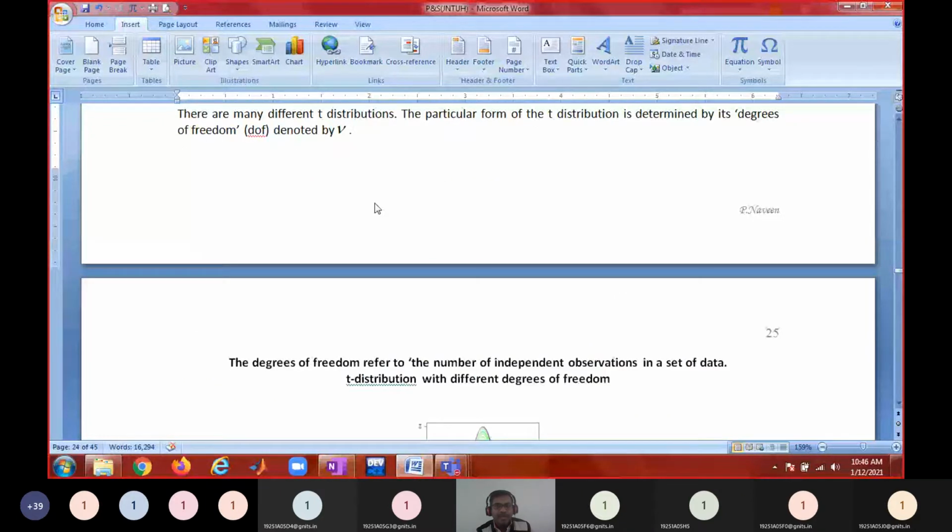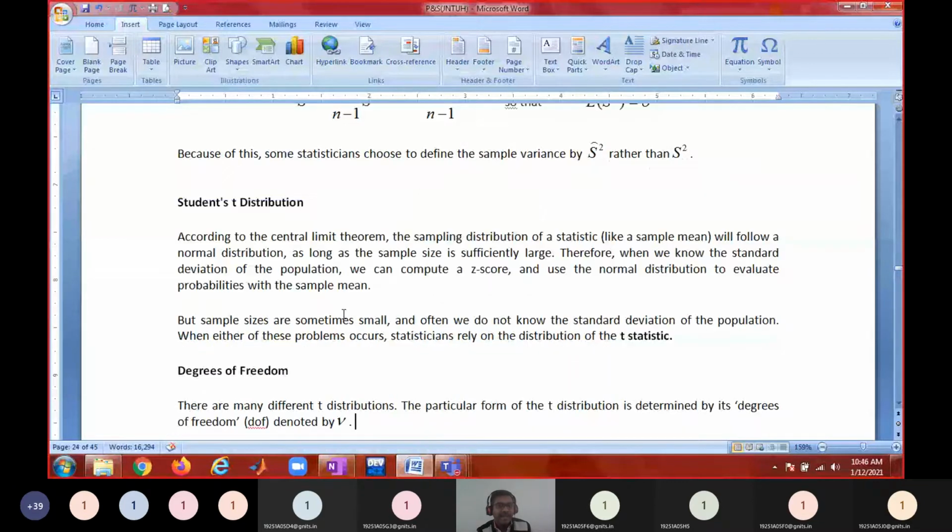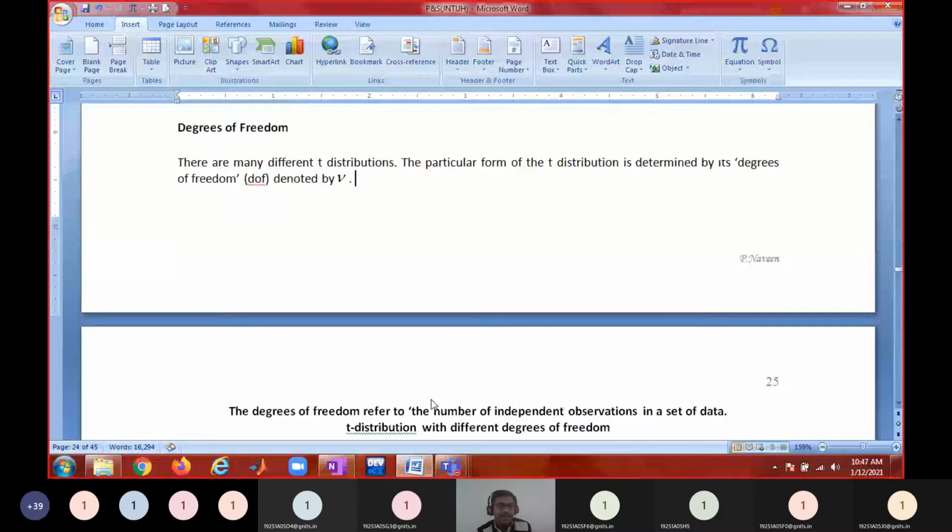It is also a bell-shaped curve, no? But the inflection points are here, and they will gradually move as you increase the degrees of freedom. So for large samples, it can be approximated with the normal distribution.